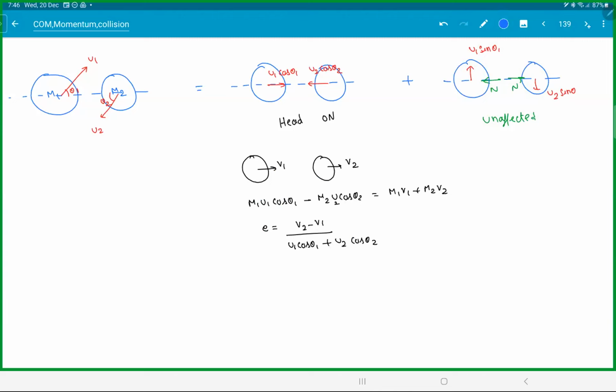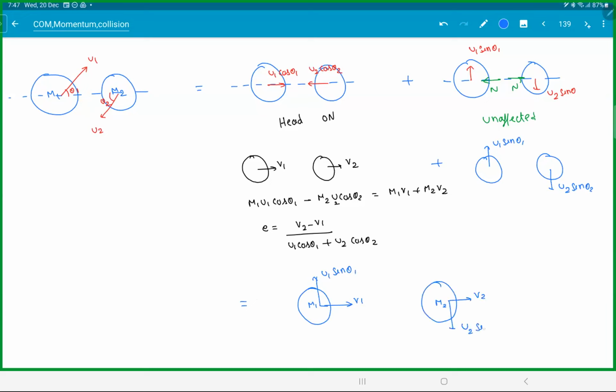So the final answer will be, and remember these components are still there: m1 will have a velocity v1 this way and u1 sin theta 1 this way, and m2 will have v2 this way and u2 sin theta 2 this way.